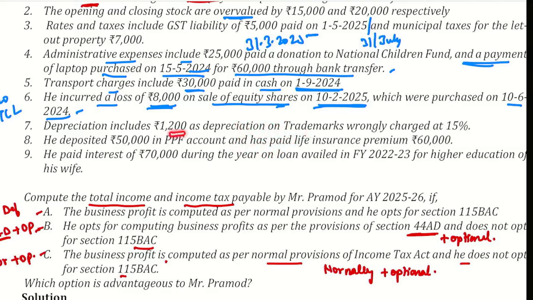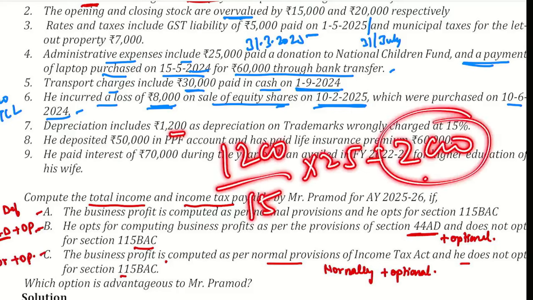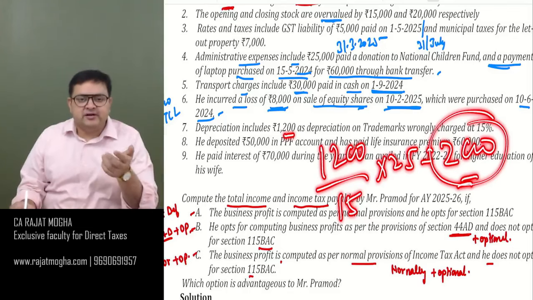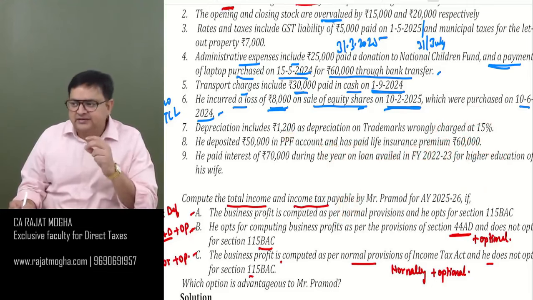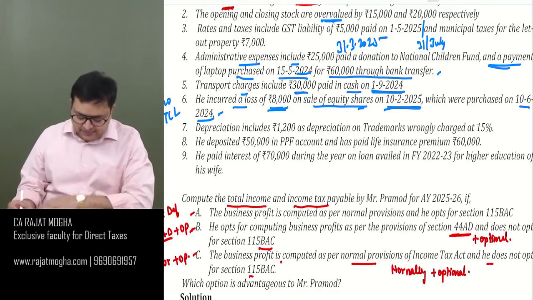The correct depreciation would have been 1200 divided by 15 into 25. Correct, Amar? 2000. So the correct depreciation should have been 2000. We have debited 1200, so we will debit 800 more. We will subtract 800 rupees more from my PGBP so that I can charge exactly correct depreciation, which is 2000, not 1200. I believe this is okay with everybody.